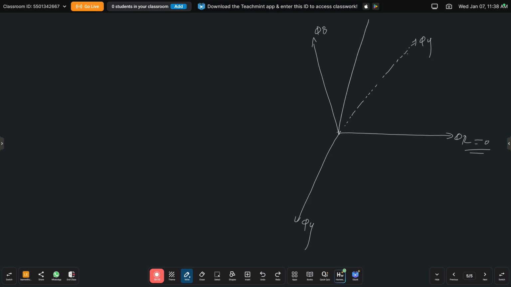This is the vector sum, and this is φt, the total flux.